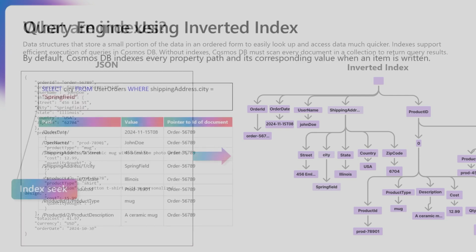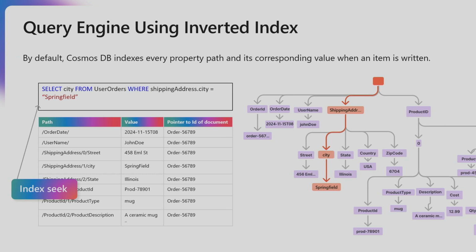So how that works is that by default, Cosmos DB indexes every single property of that document. So you can see on the left-hand side, we have the property paths of that document as well as the values. And when we perform a lookup of that query, so in our case, we are querying for all documents that contain Springfield, we can easily do an O of 1 lookup with an index seek operation.